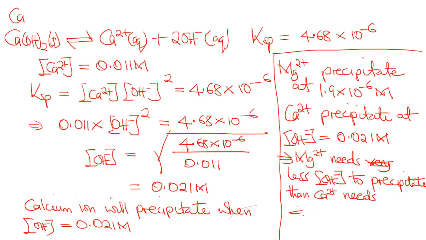This implies magnesium precipitates first. So if you want to separate these solutions, just add sodium hydroxide to the solution. Magnesium will come out first, and then later on you can collect the calcium.